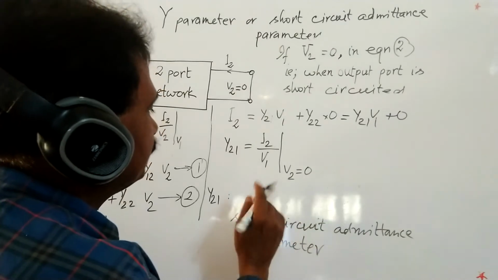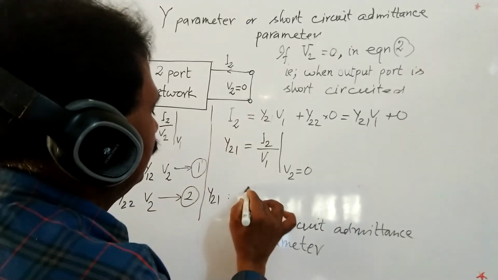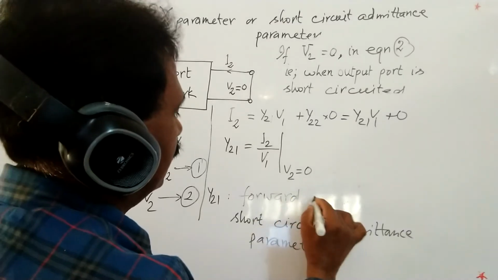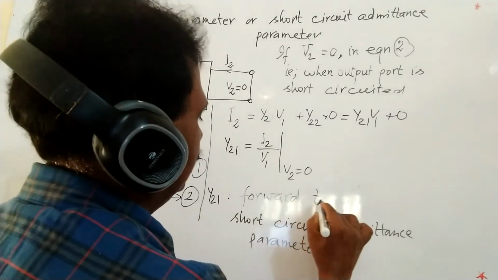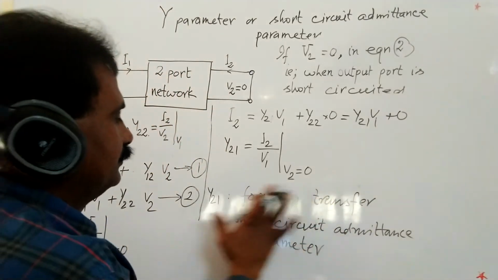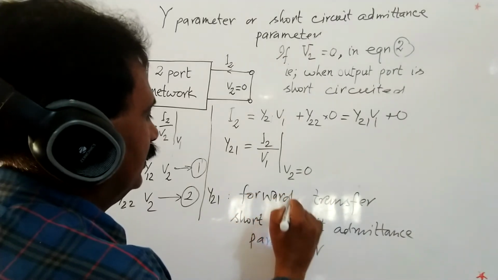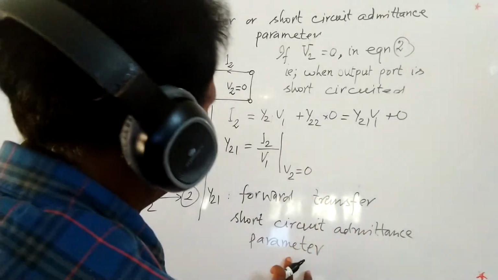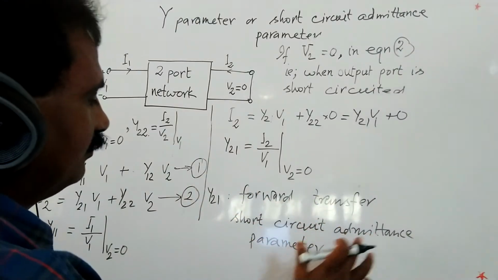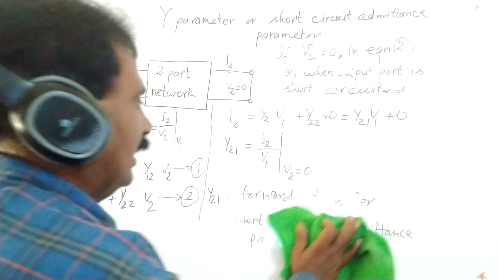Therefore, this is from 2 to 1, and this will be known as the forward transfer short circuit admittance parameter.